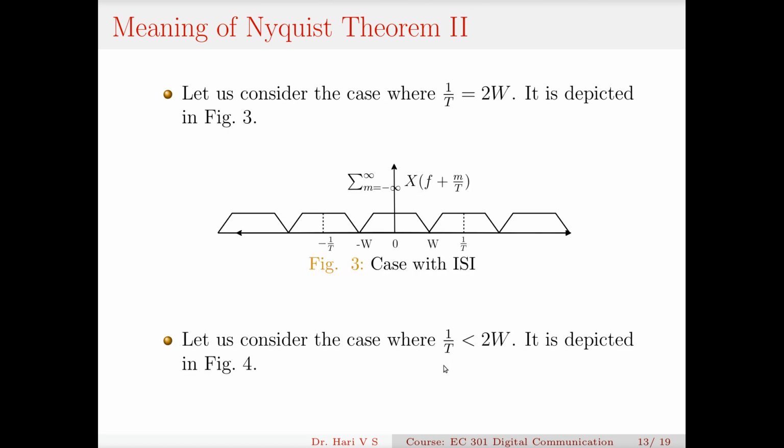Now let us take another case where they meet exactly, that is 1 by T is 2W. Here this is my 1 by T, this is W, this is W, so that 2W is 1 by T. This is 1 by T plus W at this point, and this is my minus W, this is minus 1 by T, this is my minus 2W, which is nothing but minus 2 by T. If you overlap and add this way, again you can see that this sum is not T always, because here it may be T flat, then it comes down here.